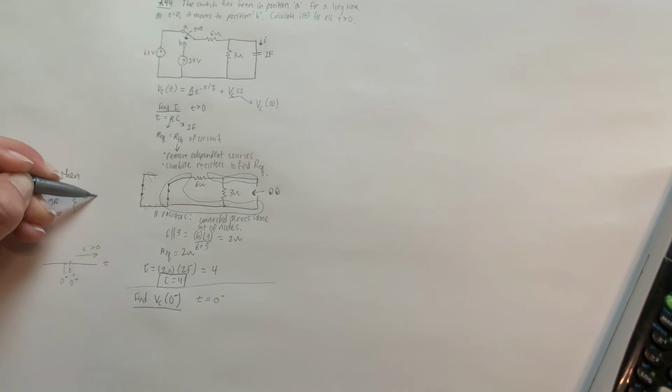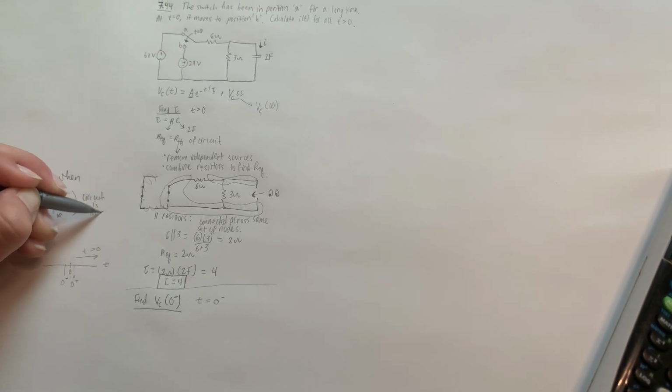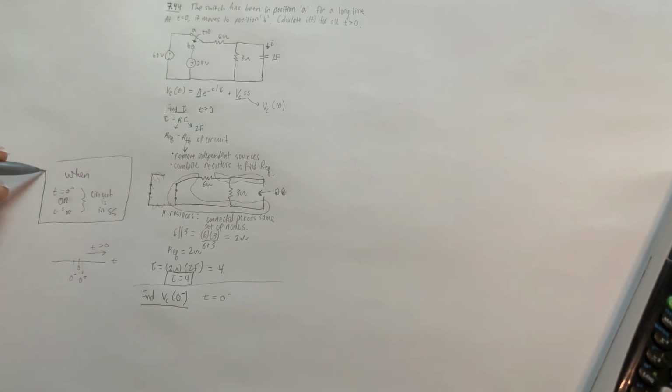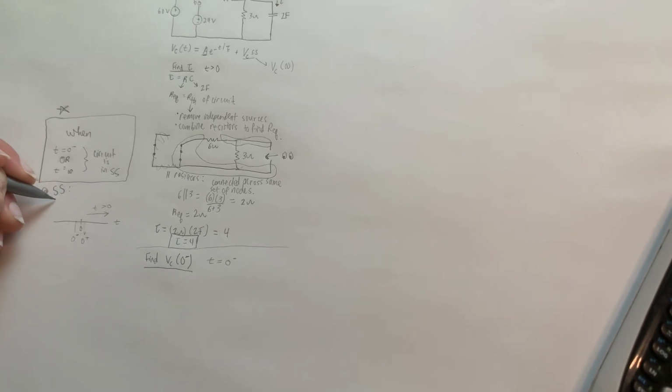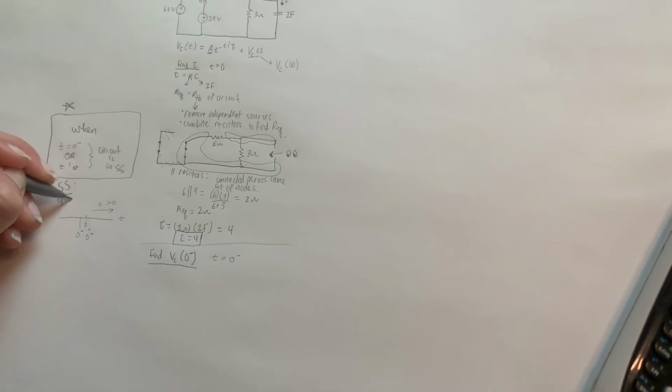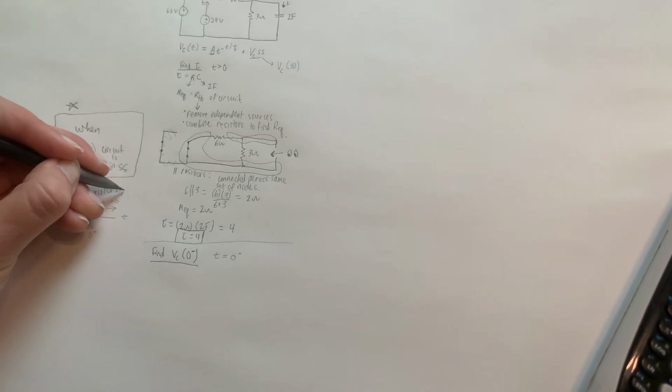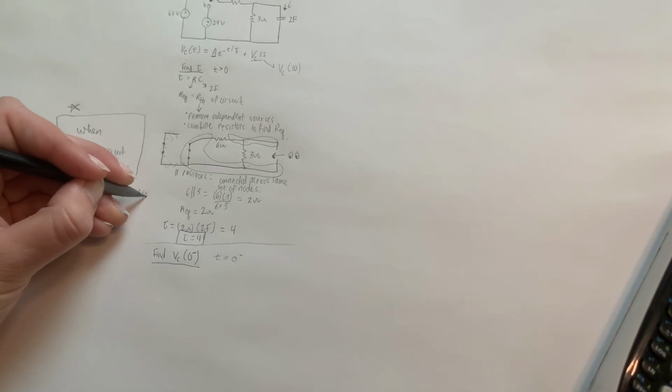Then the circuit is in steady state. This is important to memorize. And then another thing I need to memorize is that at steady state, we open capacitors and we short inductors.